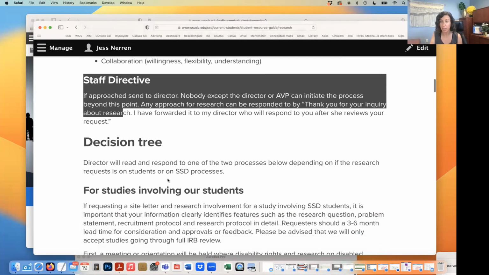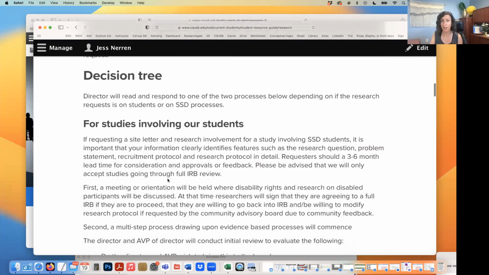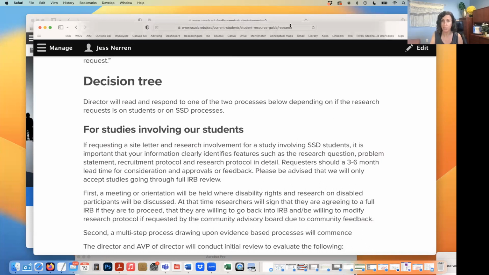The director and the AVP are going to be the folks who can engage in this conversation with you. And that's just because we need to be able to sign off on it if we're signing off on it, and because both of us have actually conducted research. So we understand the process that you also are seeking to engage in, okay?